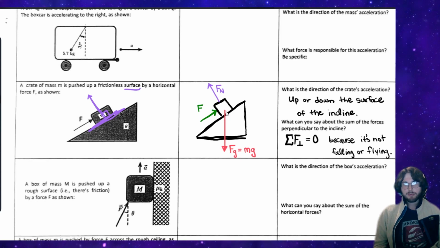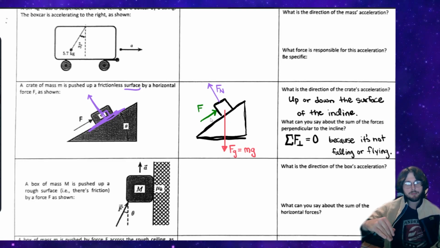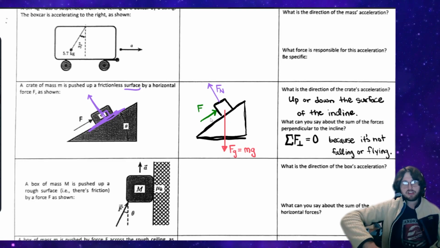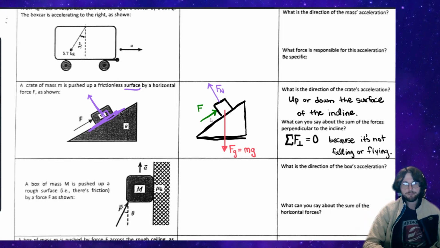On problems like this, what is pulling an object down the incline? Because, you know, if you put a ball or a block on a steep surface, it's going to slide down. Well, gravity is doing that action, but it's not fully pointing in that direction. So on inclined plane problems, what you're going to find is that we need to split gravity into two different directions because it's doing two things.